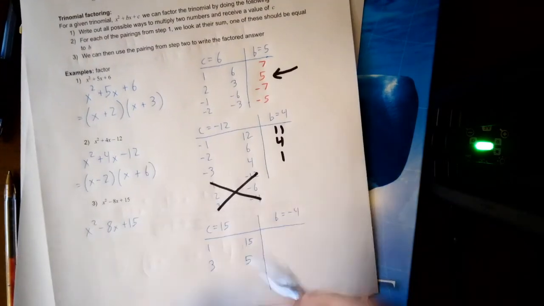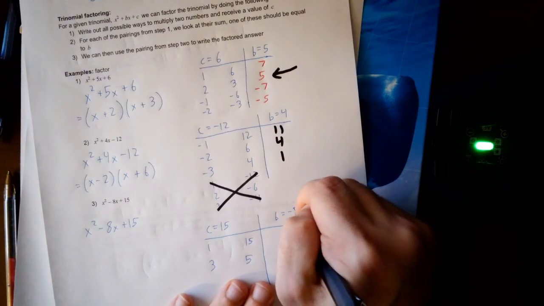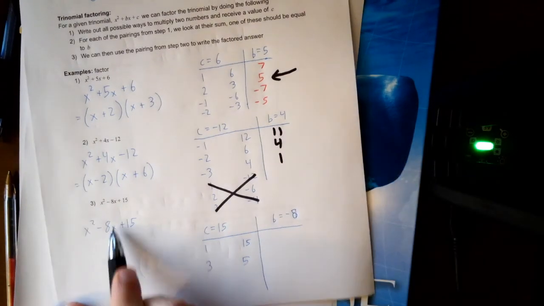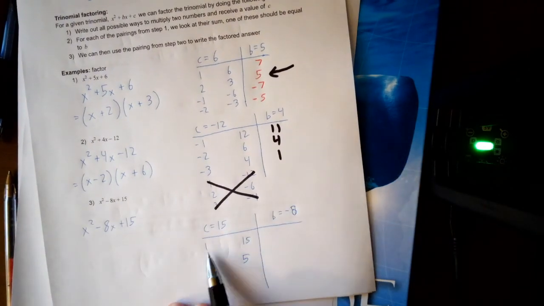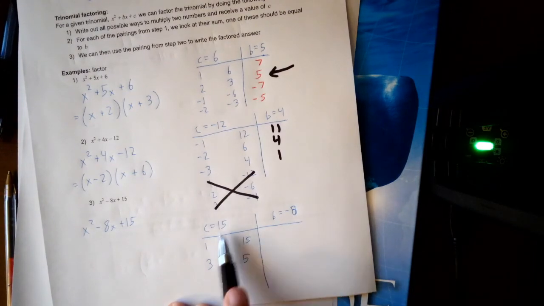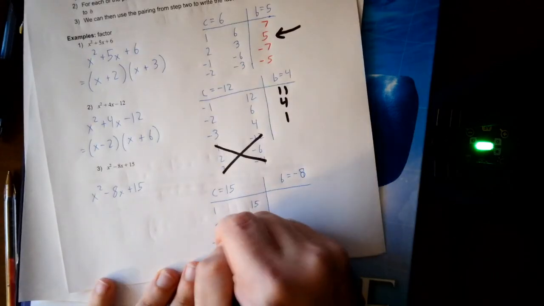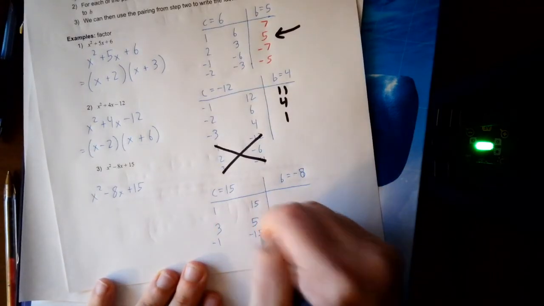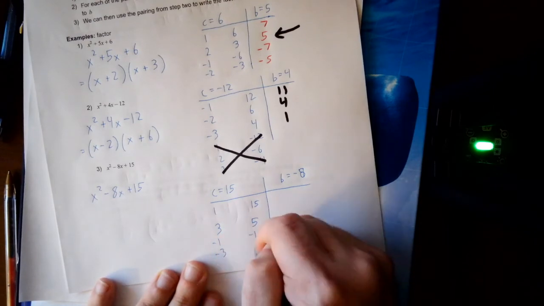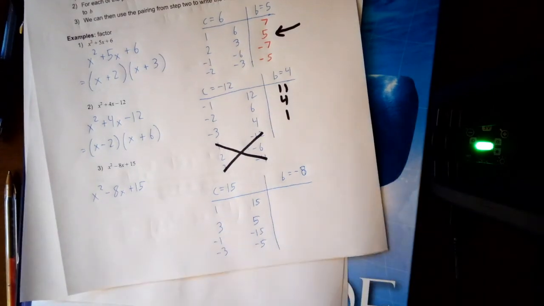Oh, sorry, B is negative 8. Right, B is negative 8. 1 times 15 and 3 times 5 give me 15. Now, 15 is a positive number. You can also multiply 2 negatives to get 15 as well, right? Positive numbers can be made by multiplying 2 positives or 2 negatives.